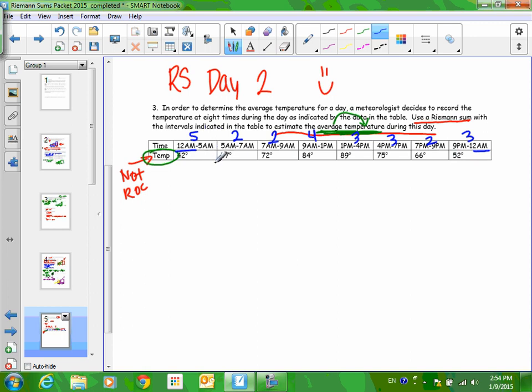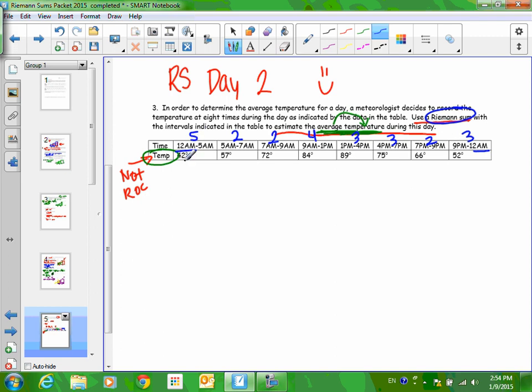It shouldn't be bigger than the biggest or lower than the lowest. It should be somewhere in there, not in the exact middle. With all that being said, the way we're going to do this is actually not bad. They tell us to use a Riemann sum. Do they tell us left, right, midpoint, trapezoid? They don't tell us any of that, so we're just going to keep it super basic. I could graph this, but we really don't need to.